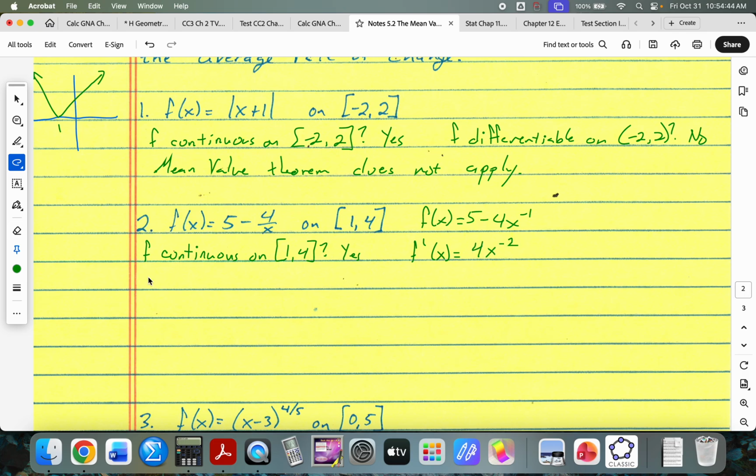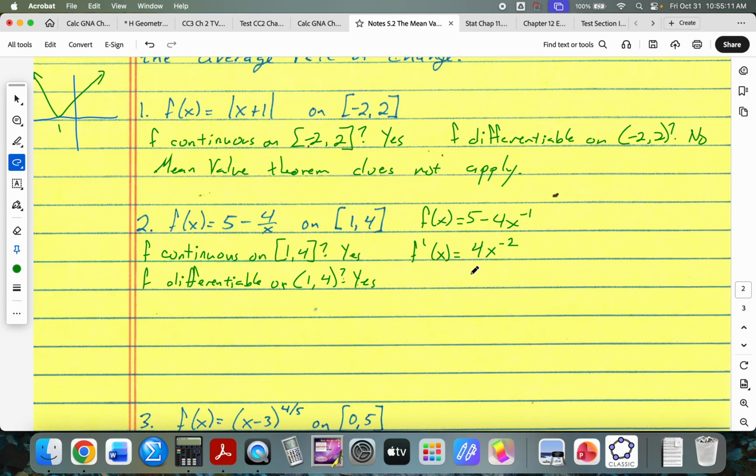And we can use that to answer the question, is f differentiable on the open interval from 1 to 4? Yes. So the mean value theorem does apply.